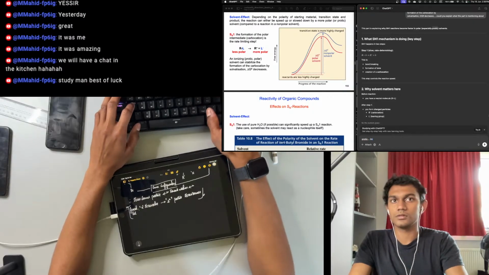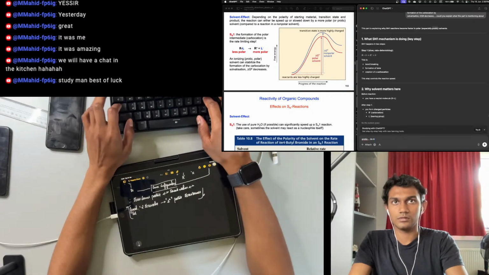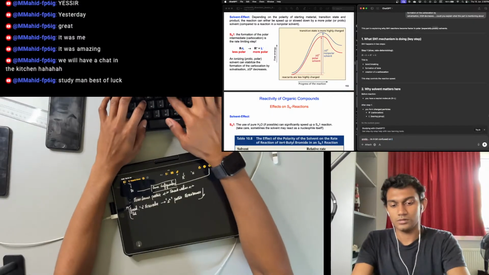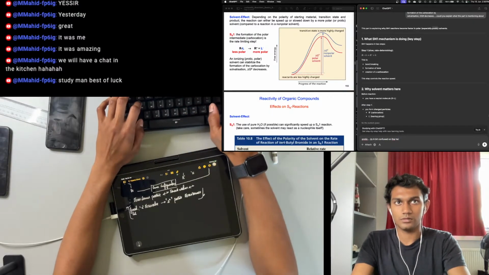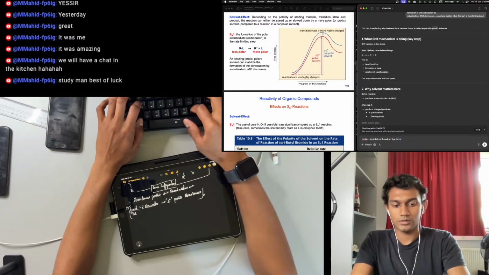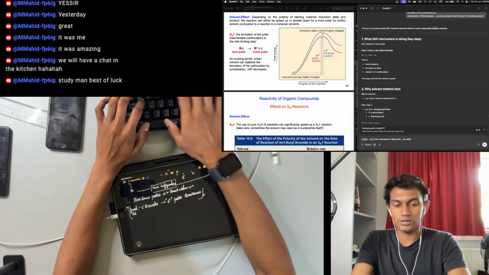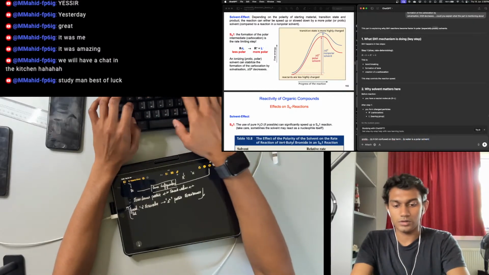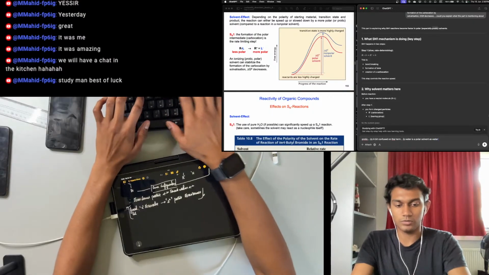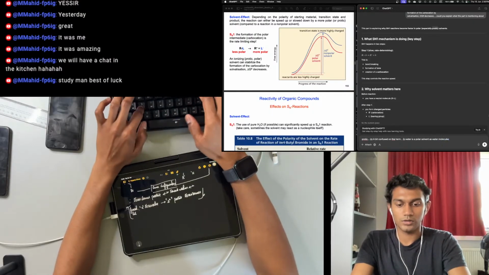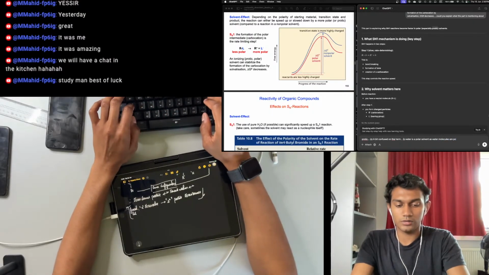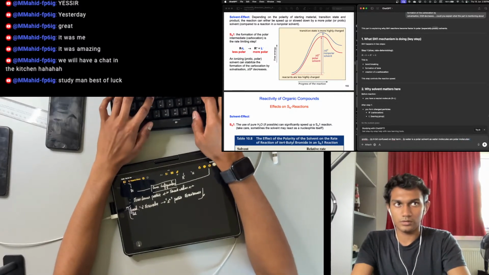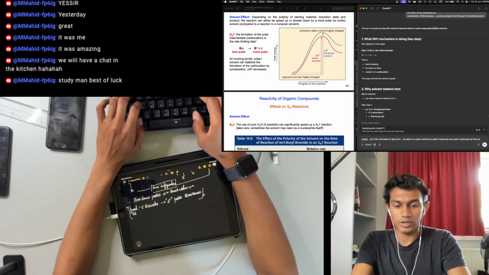I know water is polar, as water molecules are polar or have polarity.